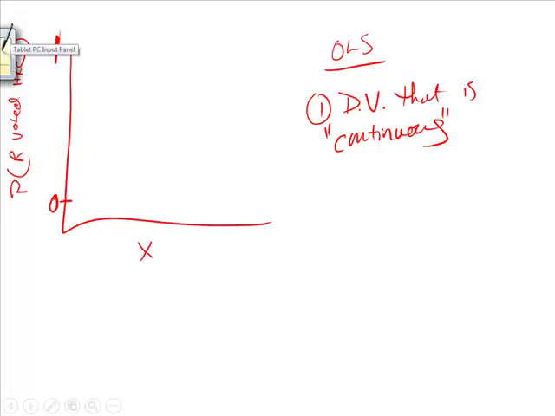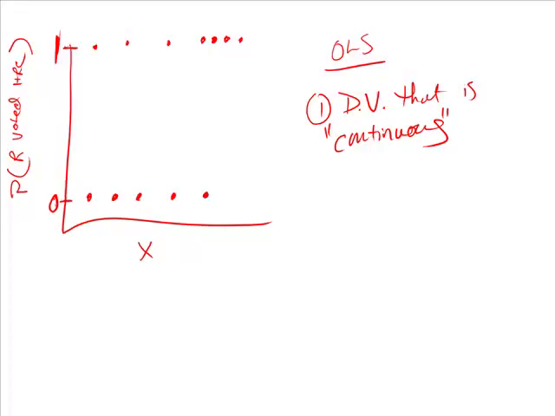Where are our dots going to be? They're either going to be at 1 or 0, right? So they're either going to be like that.